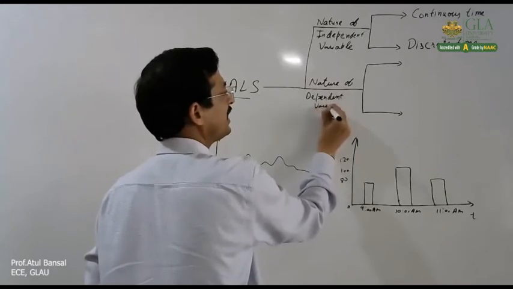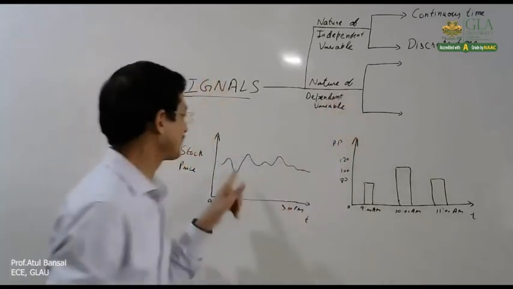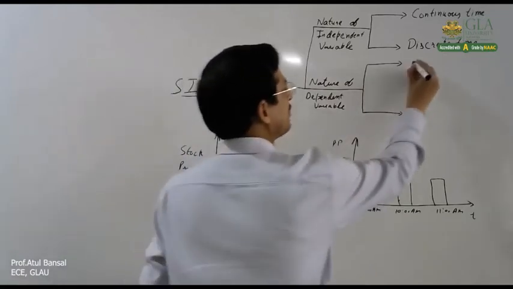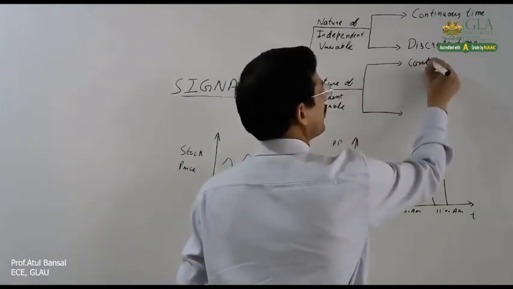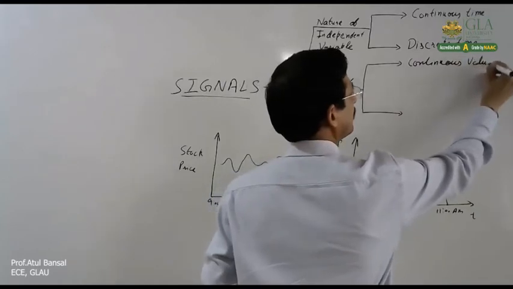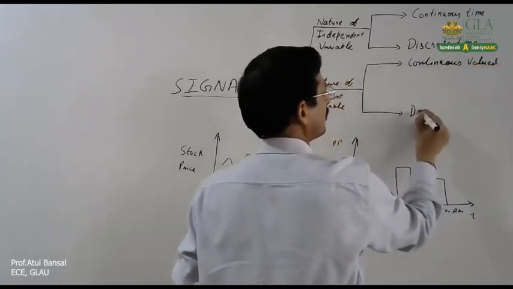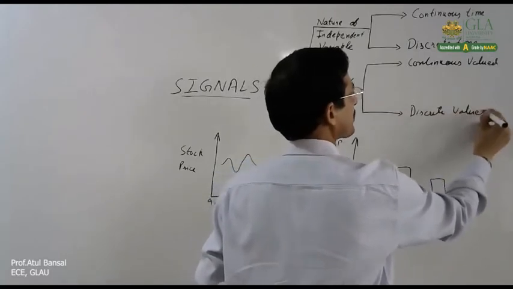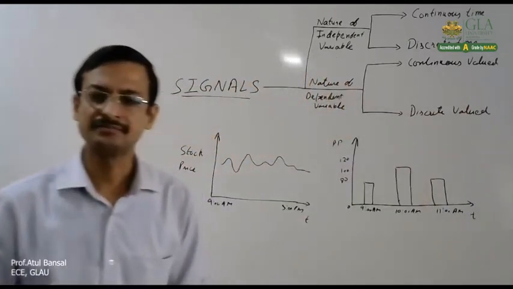Now, the dependent variable means the magnitude of the signal, right? Again, this can be classified as a continuous value or discrete value signal.